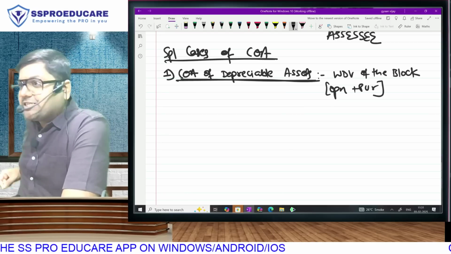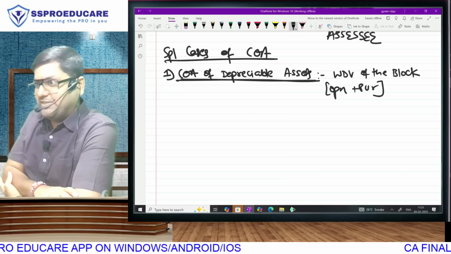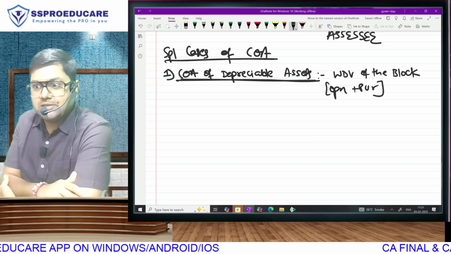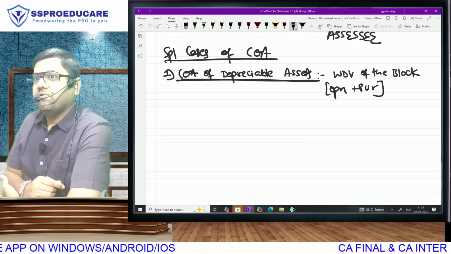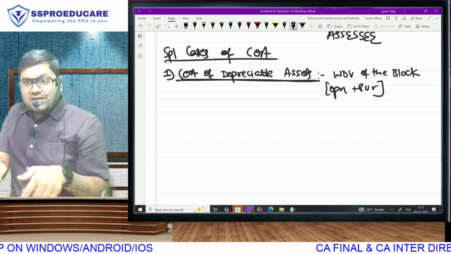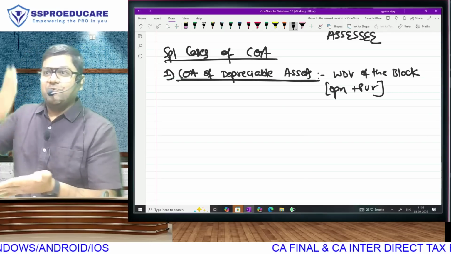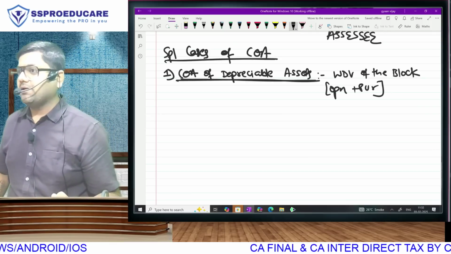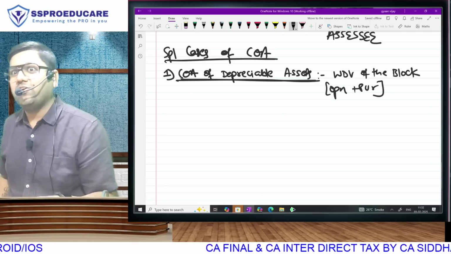For classification we want to show it under capital gain so that we are not distorting the figure of the day-to-day business. The tax rate has to be the same as business. If we call it long-term capital gain, the tax rate will change. But if we deem it, force it, to be short-term capital gain, then it is classified under capital gain, but the tax rate of business will apply.